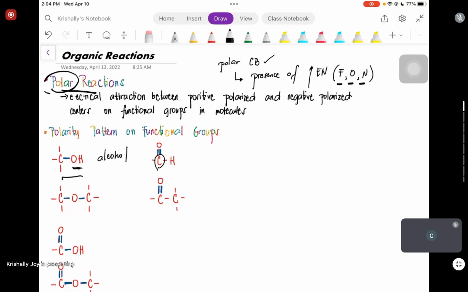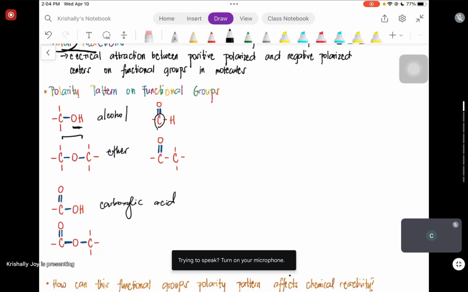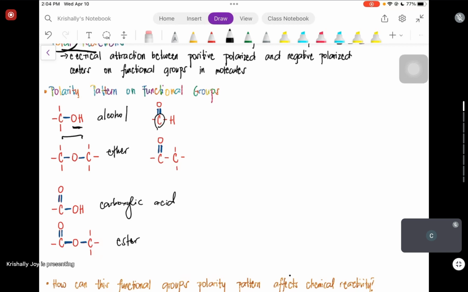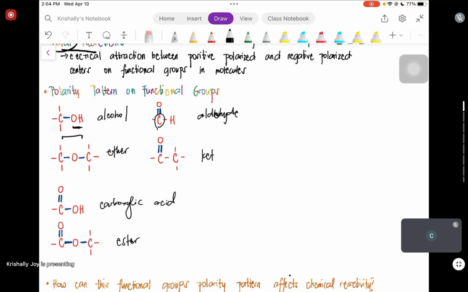And this one is ether, which also has oxygen, a highly electronegative atom. This one is carboxylic acid. The next functional group presented is ester. And this one is aldehyde. And lastly, the given functional group there is a ketone.